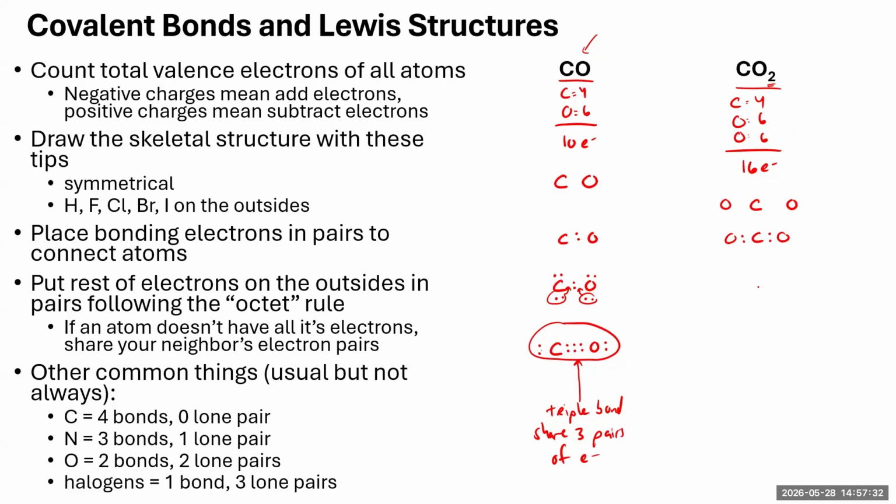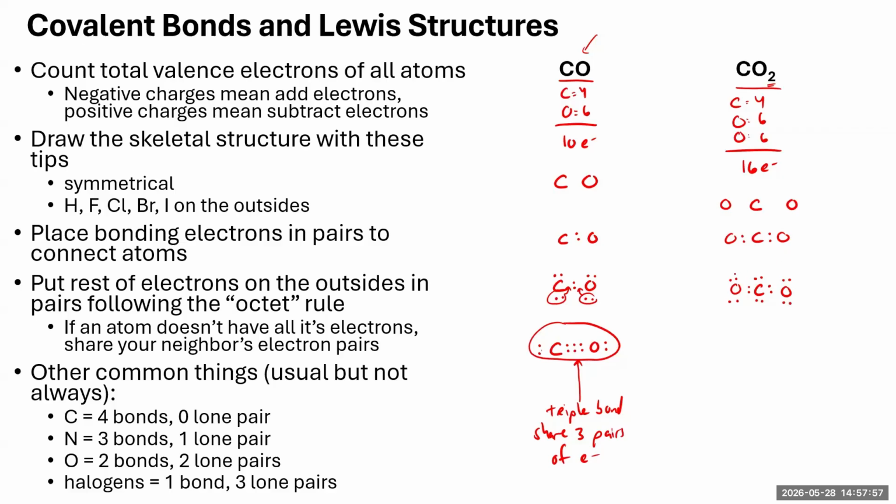Next, we're going to put the rest of the electrons. We used up 4, but we have 12 left. So 4, 5, 6, 7, 8, 9, 10, 11, 12, 13, 14, 15, and 16.